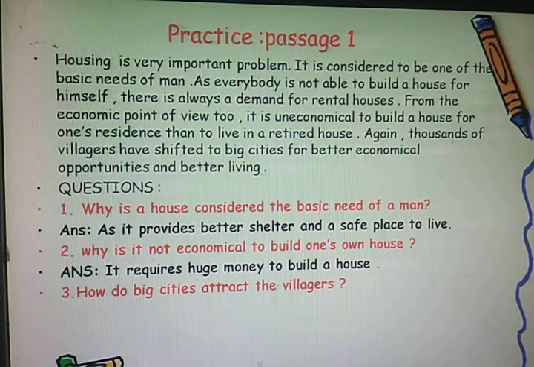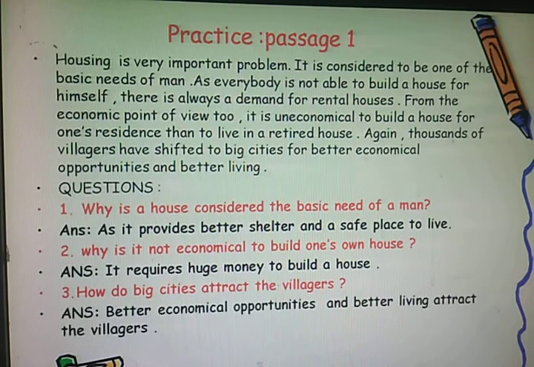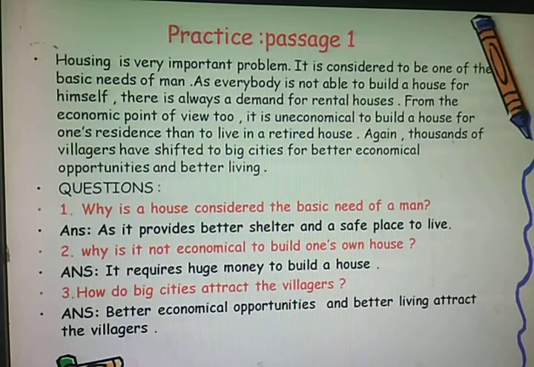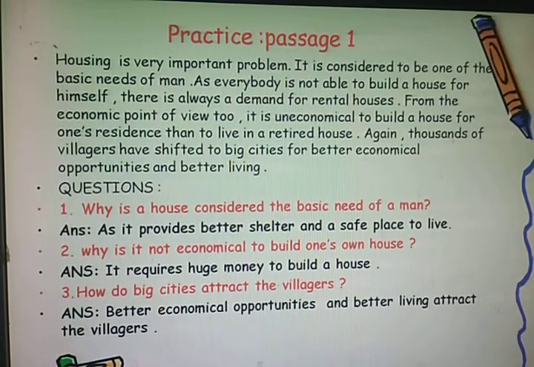Your time is over now. Check your answers. Better economic opportunities and better living attract the villagers. Now, if your answer is like this, you are the winner.